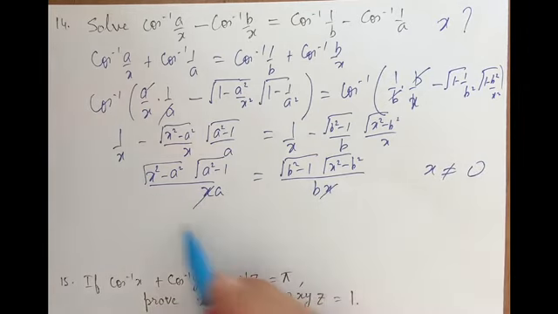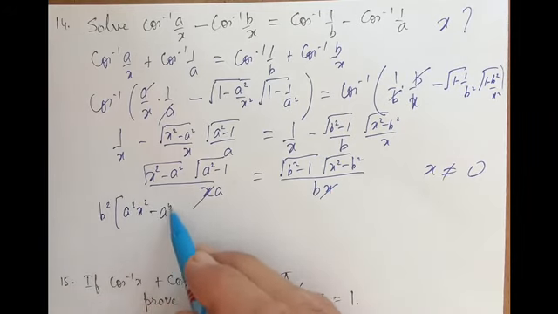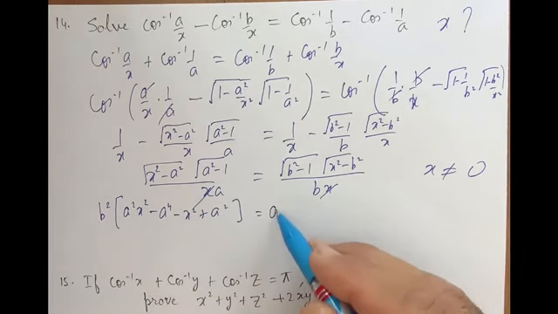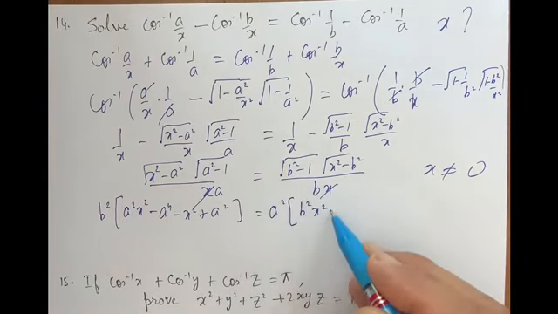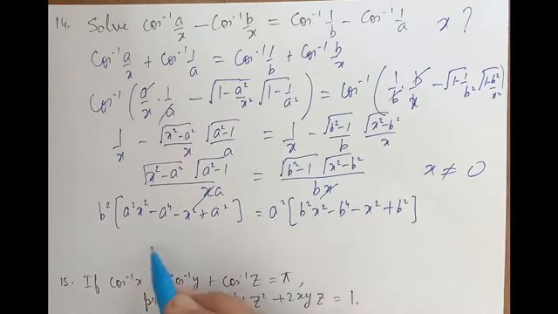Now cross multiply and squaring, this is b square into a square x square minus a raised to 4 minus x square plus a square. This is a square into b square x square minus b raised to 4 minus x square plus b square.